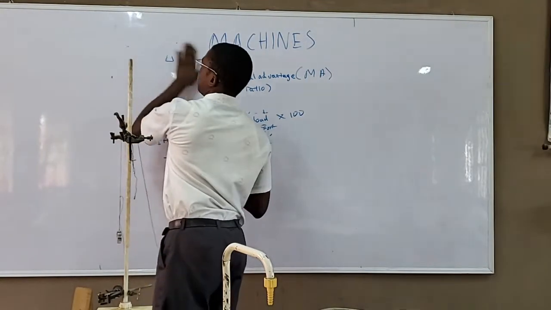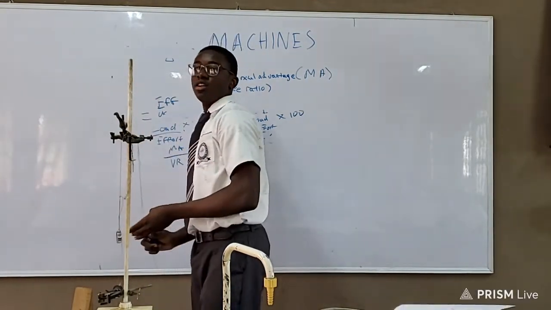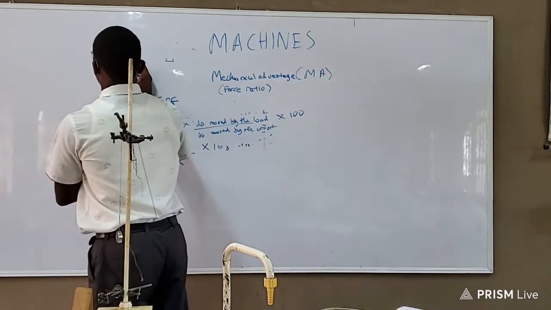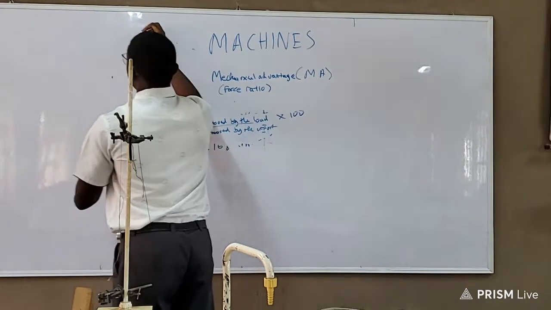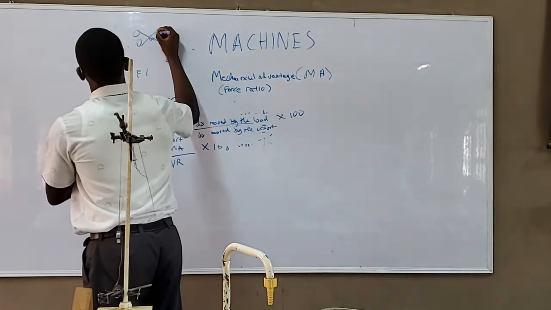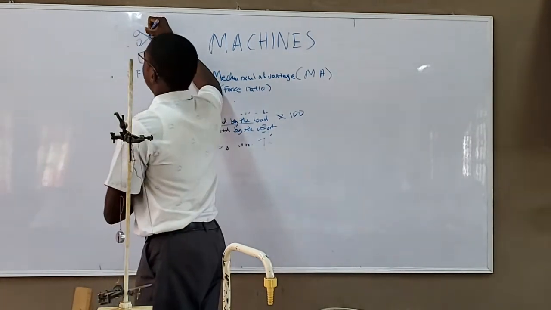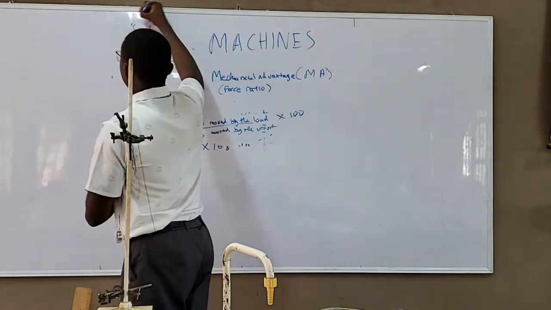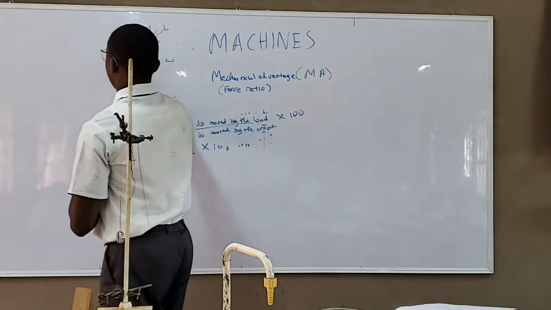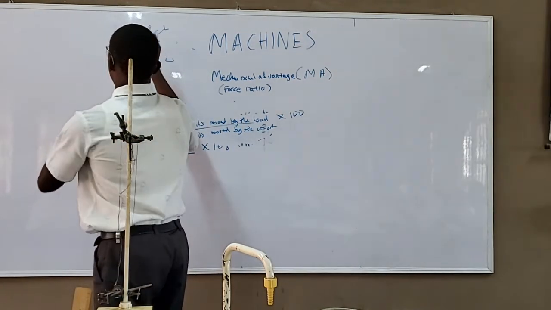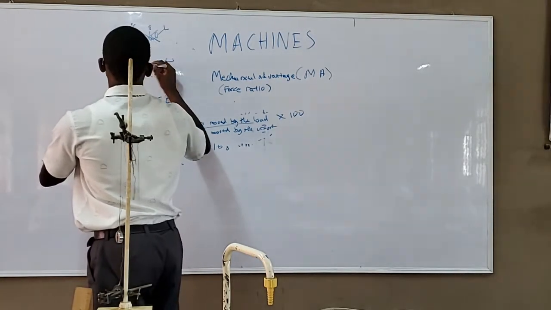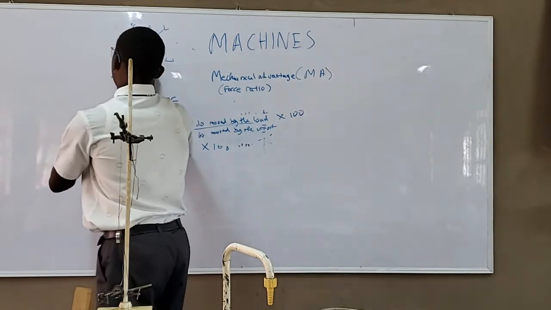There are three types of lever: first order, second order, and third order. In the first order, the fulcrum is placed between the effort and the load. An example is scissors. This is the fulcrum, this is the effort, this is the load. For the second class lever, an example is pliers.